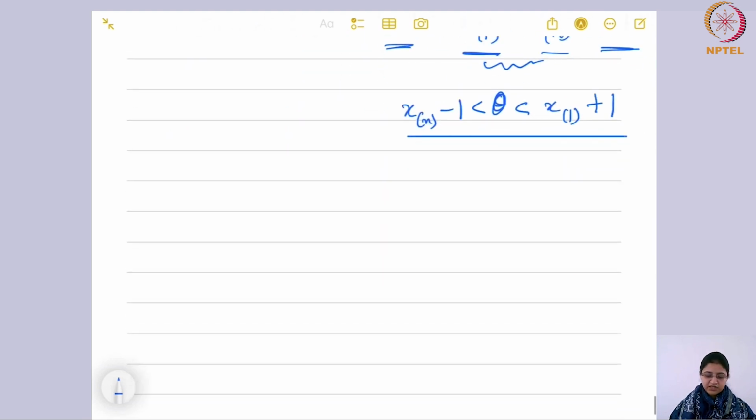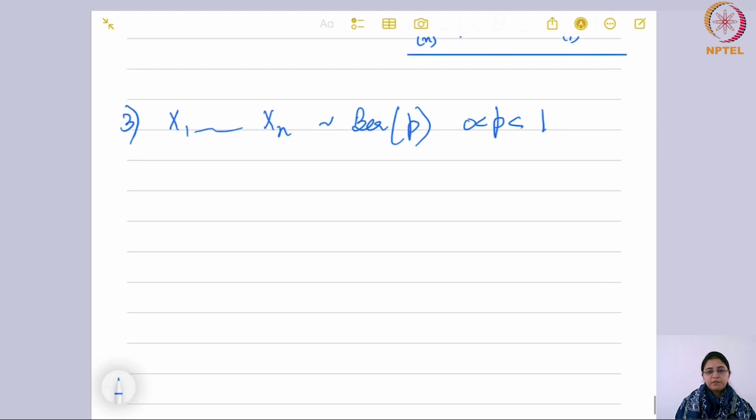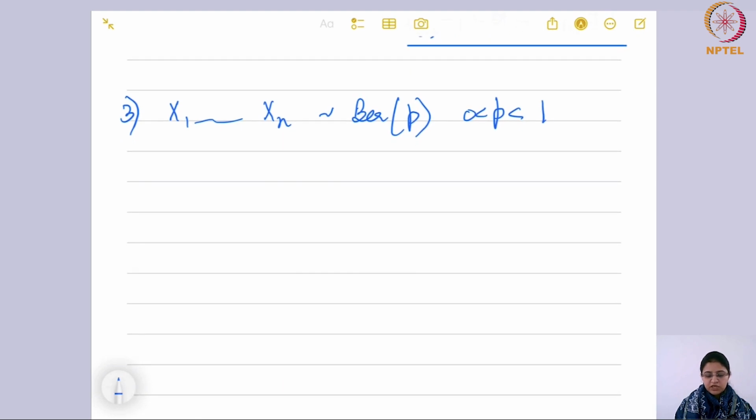The next remark was that if you are taking a sample from Bernoulli(p), where p takes a value between 0 and 1. If X follows the Bernoulli distribution, X can take the value 0 or 1. The number of successes in a single trial can be a failure, meaning 0, or 1.